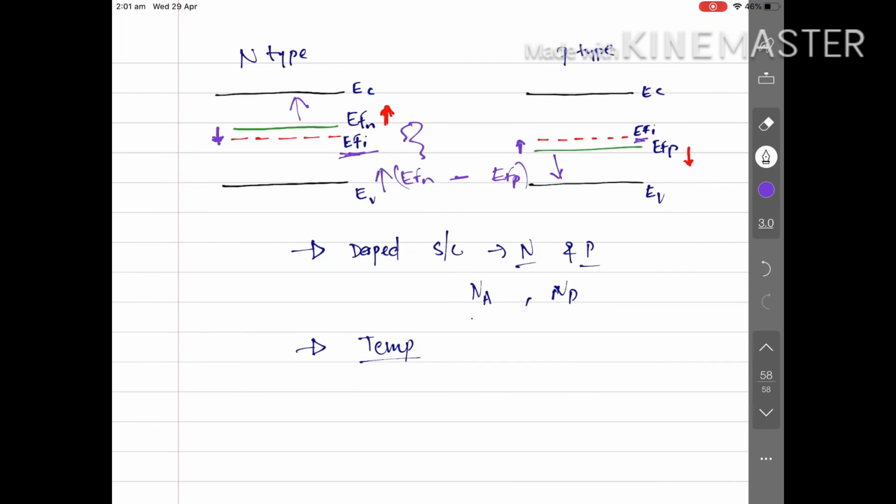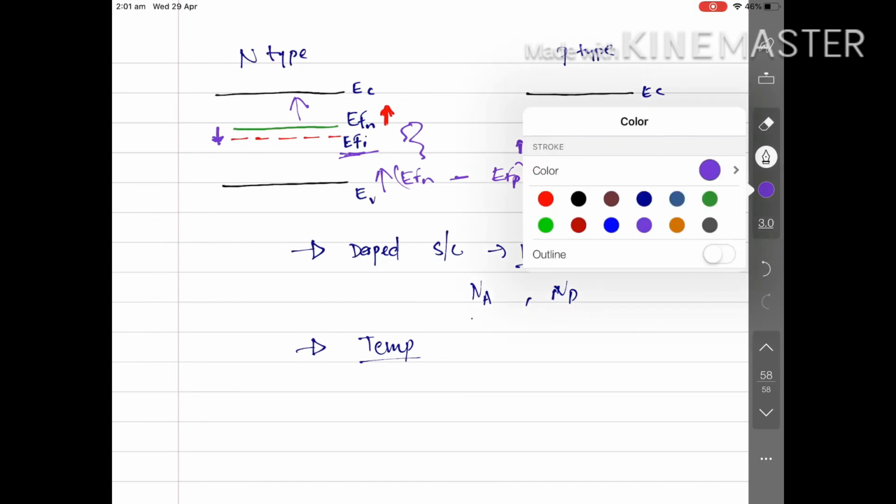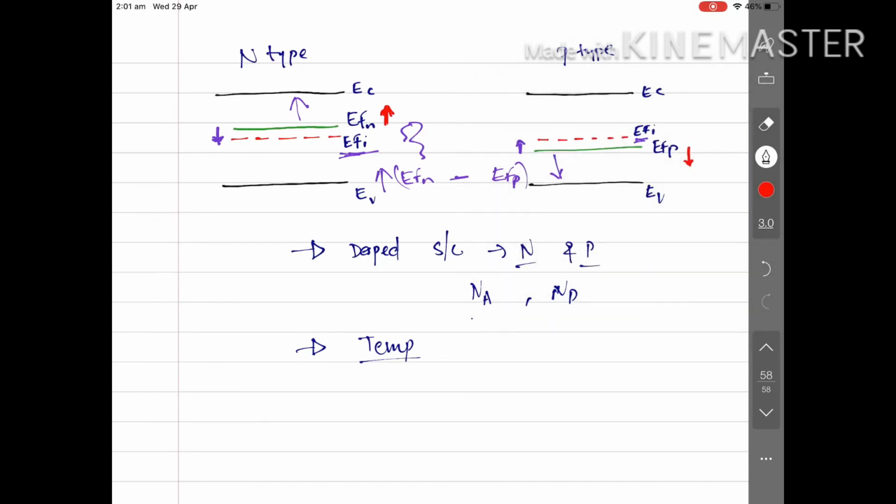So what we concluded from this is, when we increase the doping, the difference, which is EFN minus EFP, also increases, right?